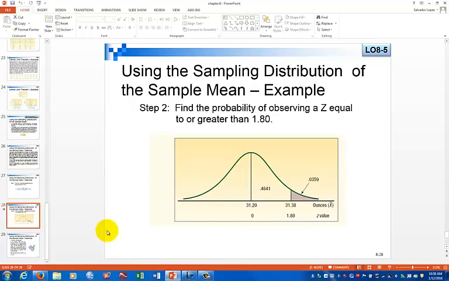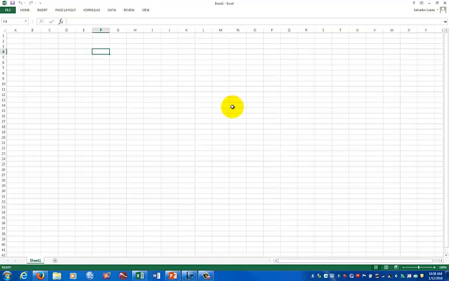Now I want to review once again how to calculate this area using Excel. Remember that Excel uses cumulative probability.